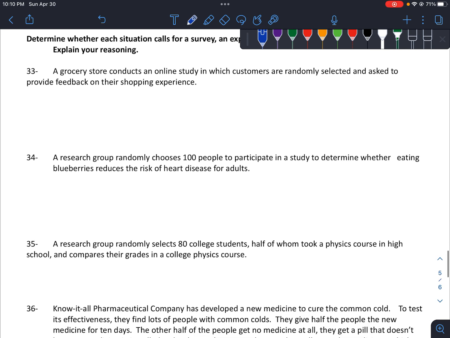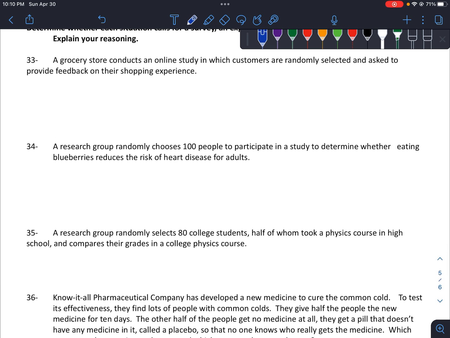34, a research group randomly chooses 100 people to participate in a study to determine whether eating blueberries reduces the risks of heart disease for adults. Sounds like you would probably do an experiment here because you'd want to compare a control and a treatment.